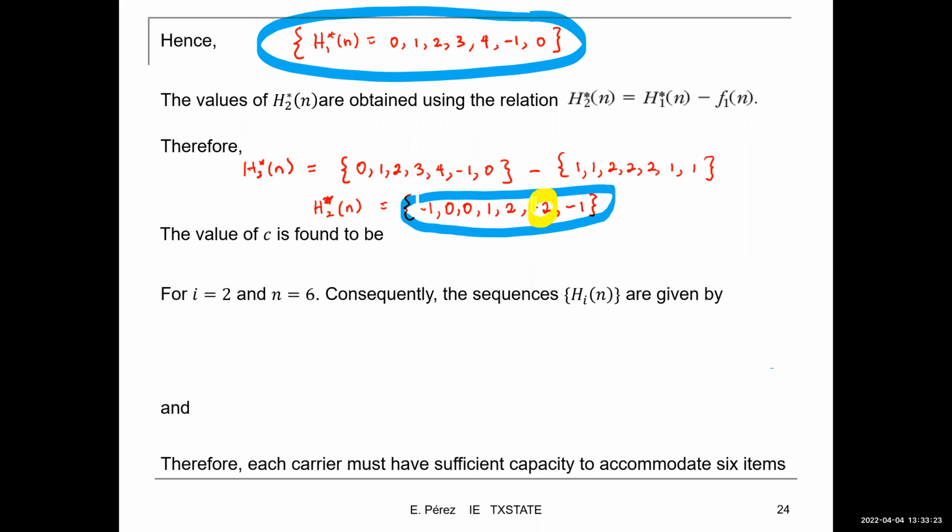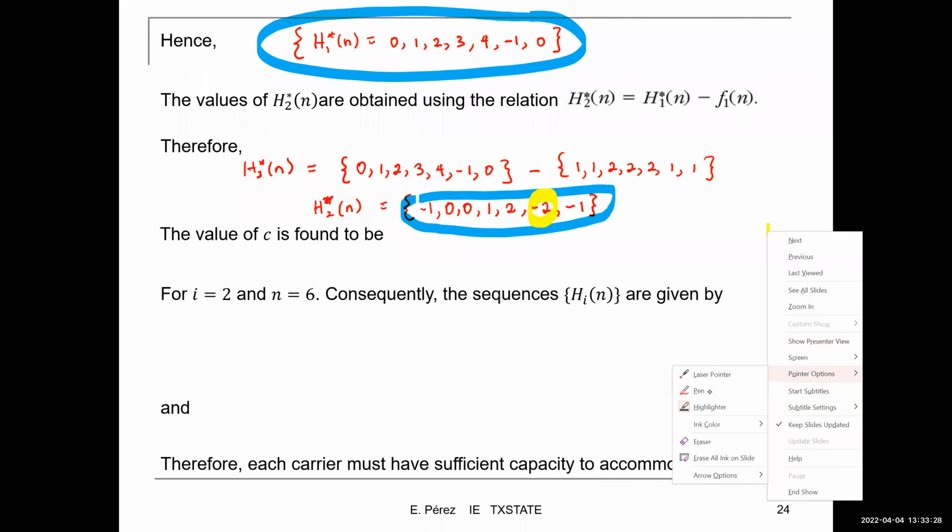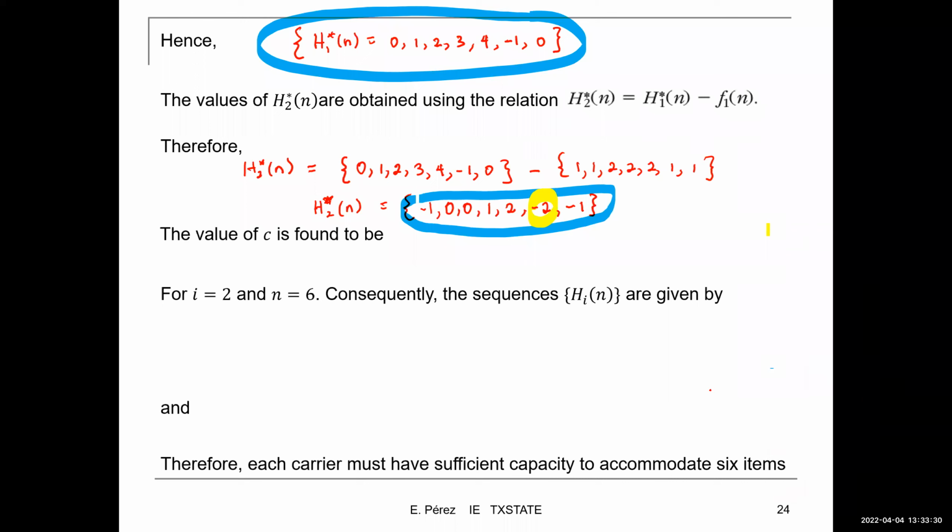So that'll be this guy right here. Okay, so C is going to be equal to the minimum over I and N of A star of I, and in that case that'll be equal to -2.